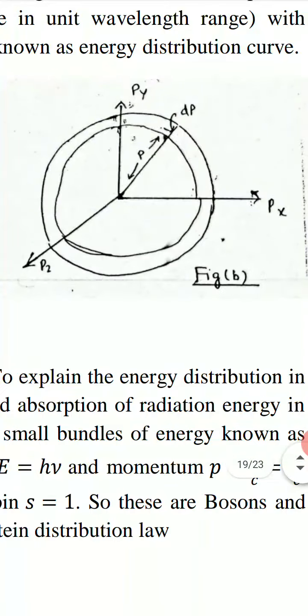This is for momentum space having 3 axes for 3 components of momentum px, py, pz. We draw a sphere of radius p with origin as its center, and then we draw a sphere of momentum p plus dp.